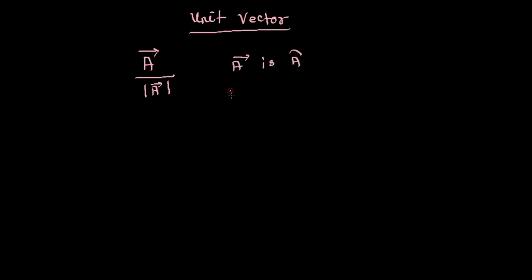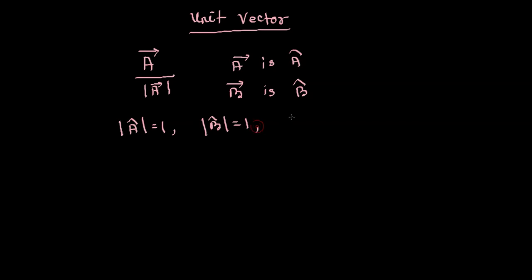So what is the unit vector of B? Now you can try it. So unit vector of B should be B cap or B carat or B hat. So what is the magnitude of A cap? That is 1. What is the magnitude of B cap? That is also 1.